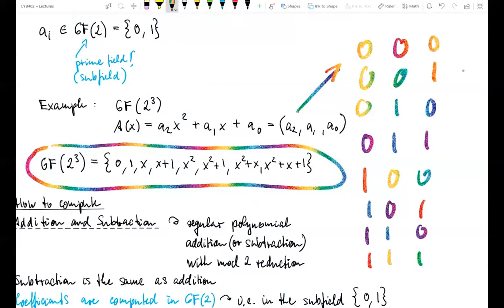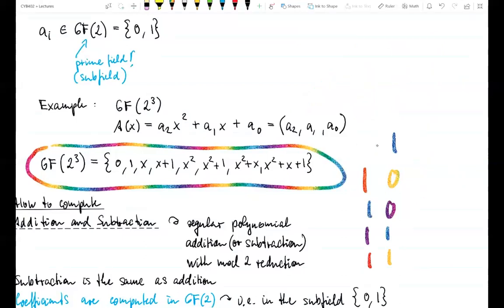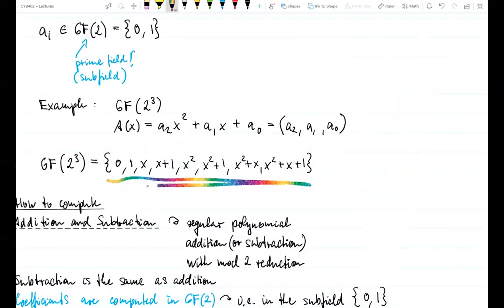So 8 elements, okay? 8 elements. All right. So that said, it should not be difficult to write out all of these elements here.